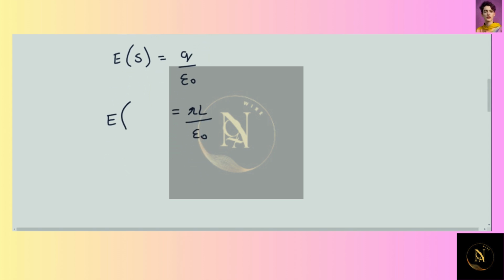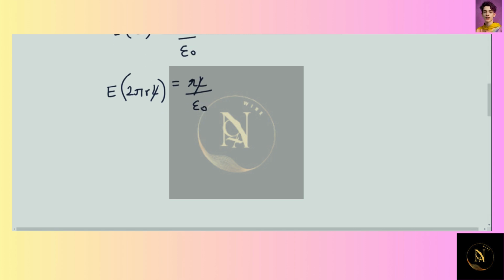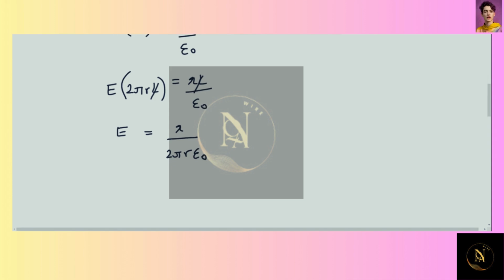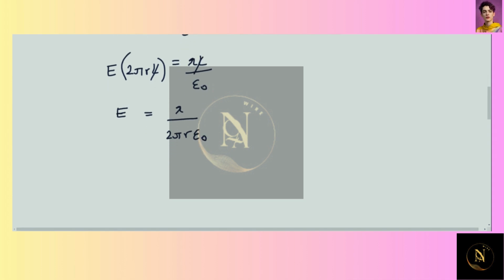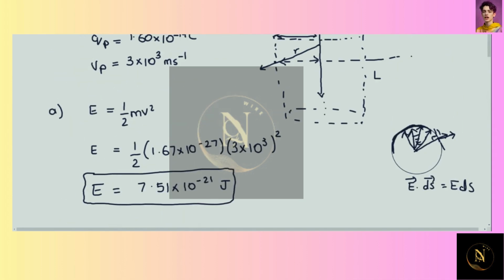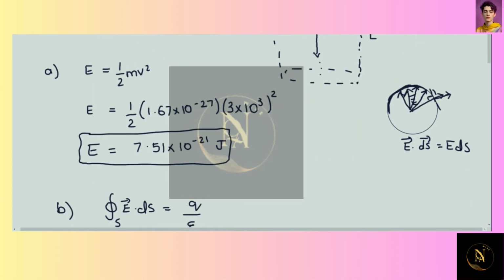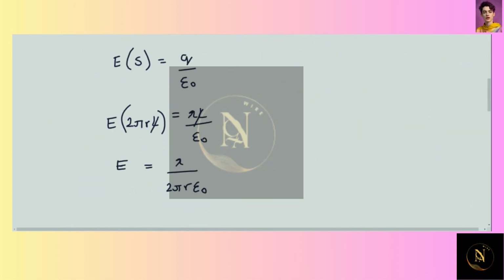So Q equals lambda L. This entire thing is divided by epsilon naught. And S is just 2 pi R times L. Now we can cancel the L's on both sides, and what we get is E is equal to lambda over 2 pi R epsilon naught.